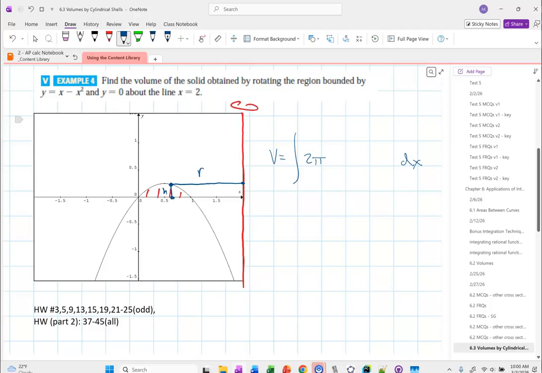Now, the part of my radius here is going to be, so the distance from here to here is 1, right?